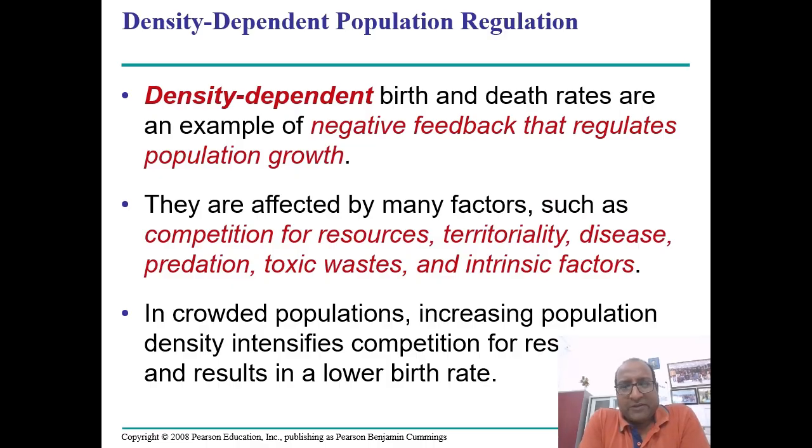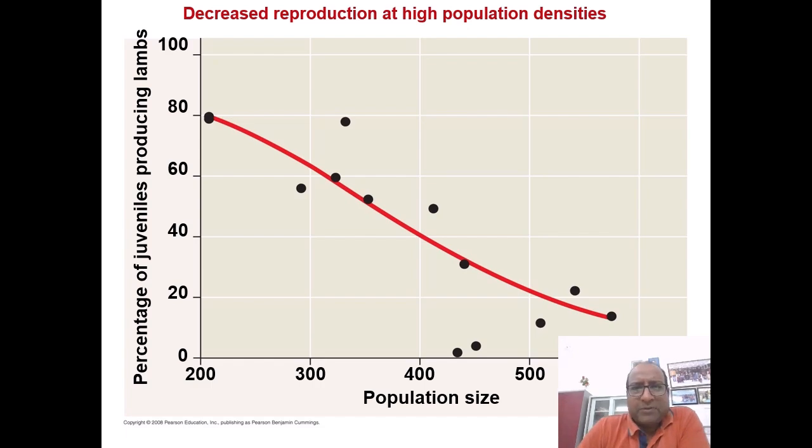In a crowded population, the increasing population density intensifies competition for resources and results in a lower birth rate. When individuals are engaged in competition for resources, fighting with each other for shelter, food, and light, they do not have much time for reproduction. So their birth rate is slowed down, and there is decreased reproduction at high population density.